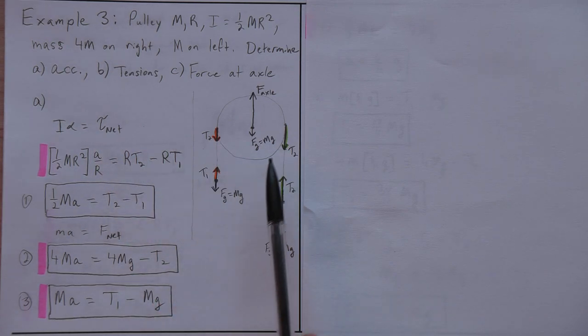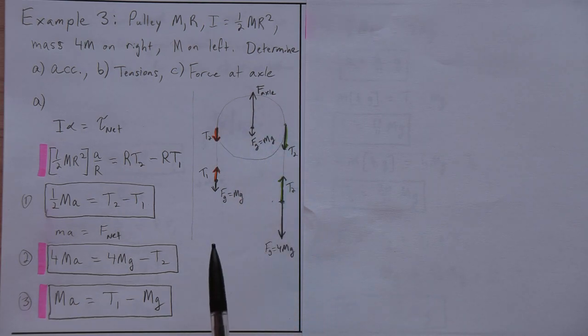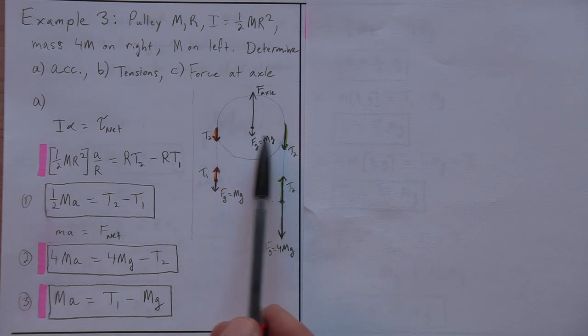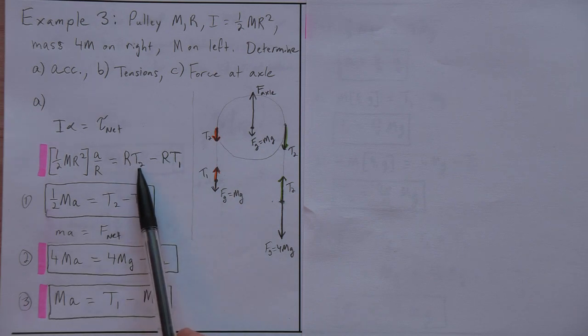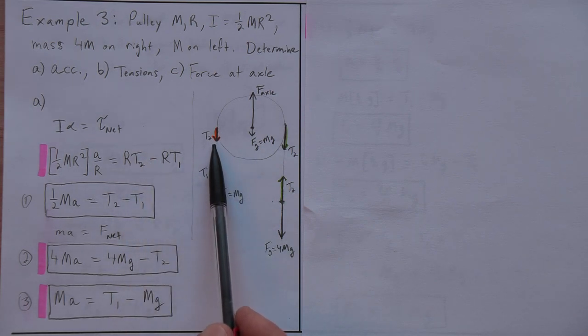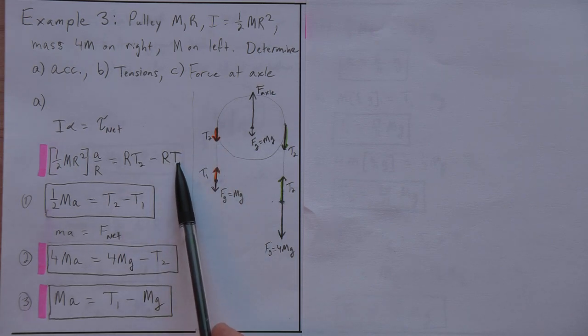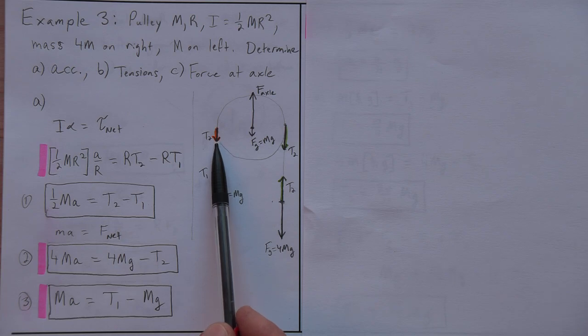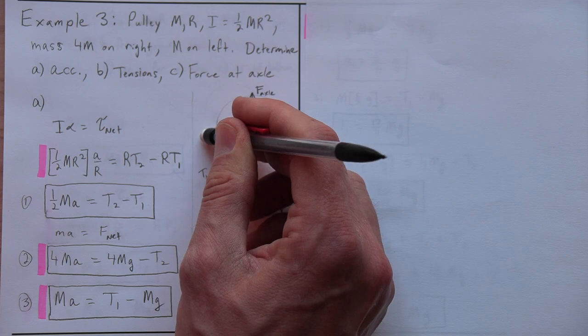Okay, and then the torques: these two forces do not create torque on this disc because they're at radius 0. But these two do. This is the forward torque, rF sine 90, which is 1, so I leave it off. This is the backwards torque, so I put a minus sign. rF, oops, I mislabeled this. Okay, let's fix that.